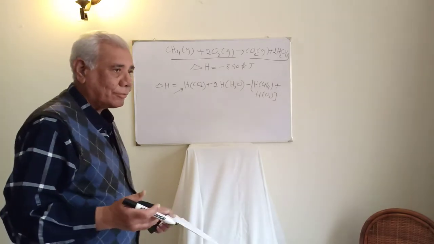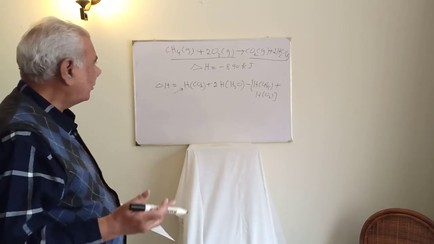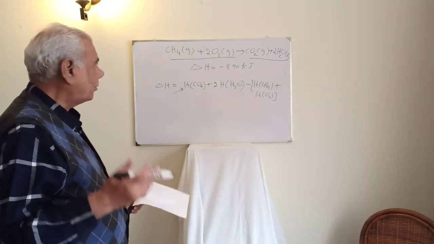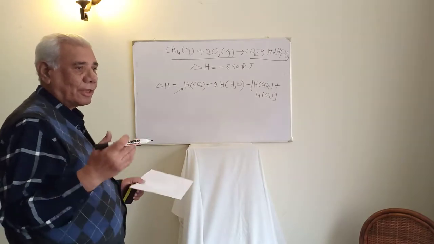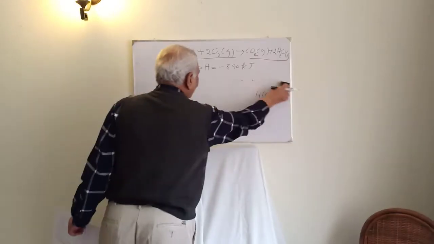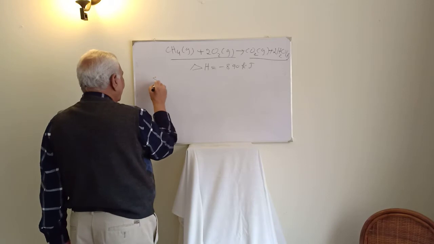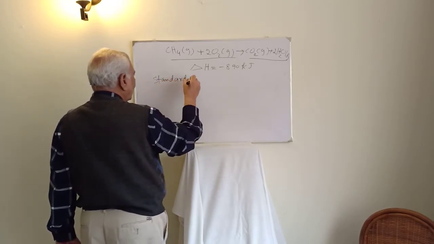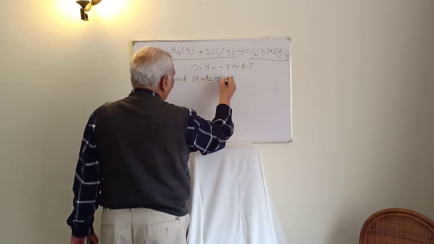For that purpose, we have to define a reference scale. That means there should be some standard procedure to quote the enthalpy change of reaction. And that is the standard state of compounds.